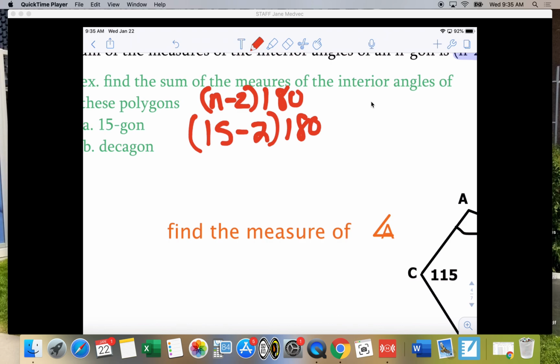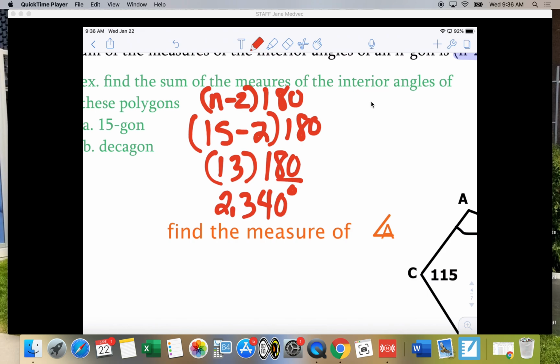What do I do? 15 minus 2, I get 13, right? Multiply it. I got 2,340 degrees. Is that what you got? Okay, good. That's how you show your work. That's how you do it on a test. Just like that. You do that, that's a 4. Way to go. Winner, winner, chicken dinner.